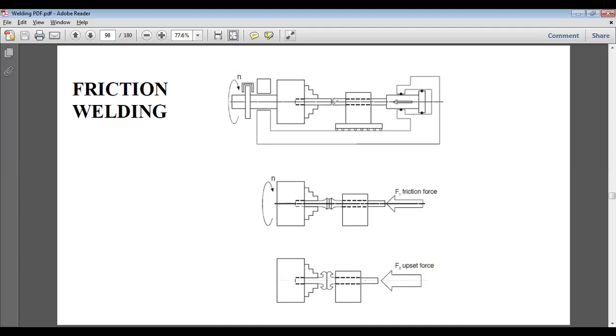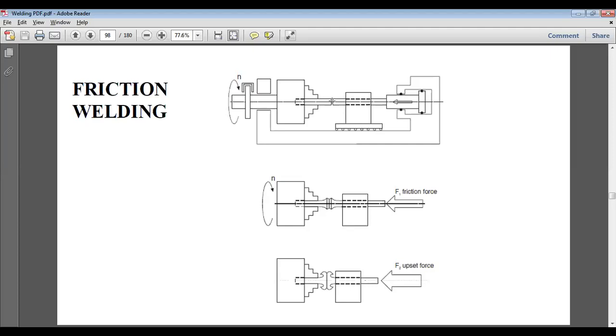The chuck rotates at high speed, the other part is stationary, and they rub against each other, and this friction produces heat. When enough heat is generated to weld the two parts, we start the rotation of the stationary part also.